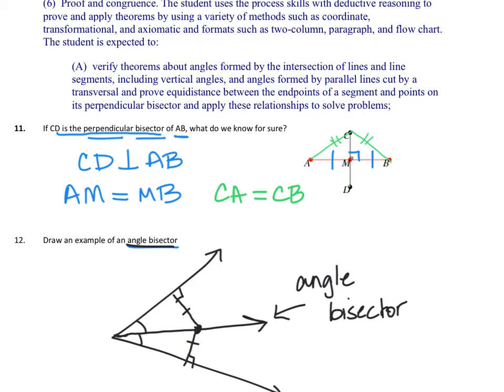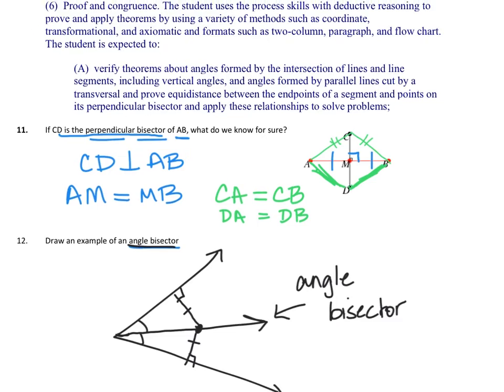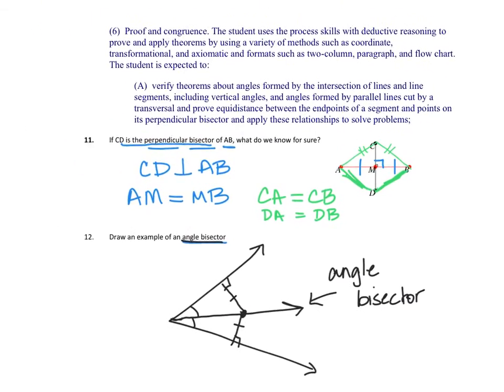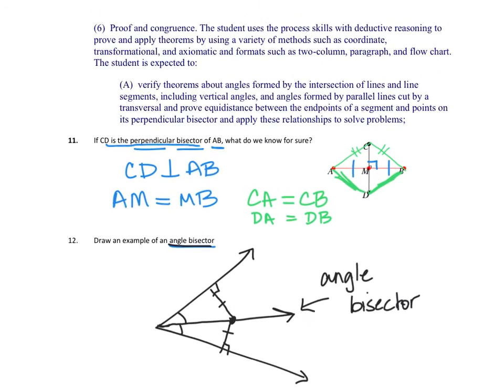And DA is equal to DB. And later on, we'll learn that that would be either a kite or a rhombus.